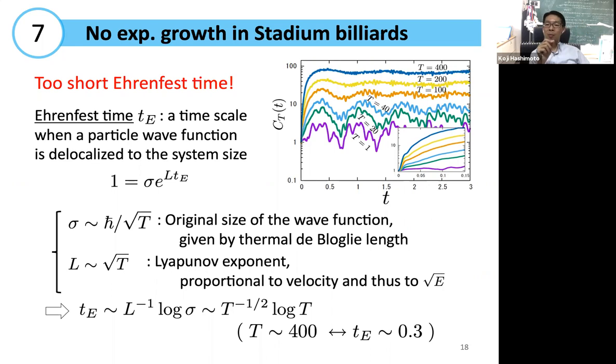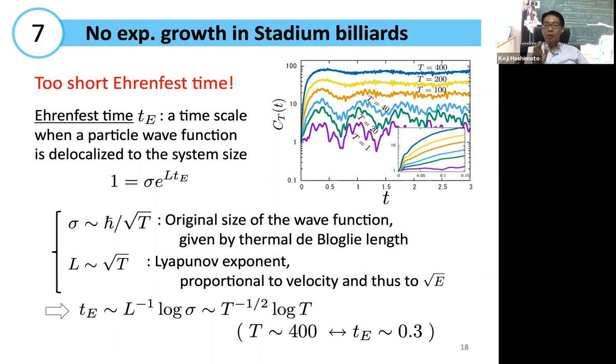That is when the particle hits the wall of the stadium billiard, right? So if the velocity is large, then you can hit many, many times, so the Lyapunov exponent is large. If the particle is slow, then you have less opportunity to hit the wall, so the Lyapunov exponent is small.